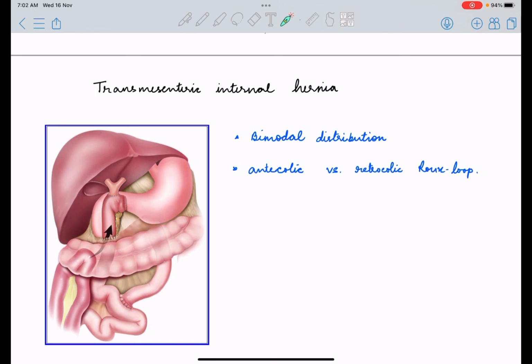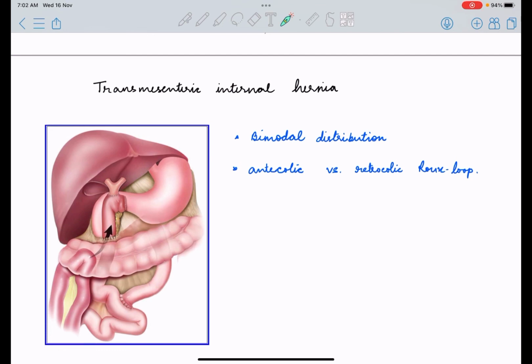During bariatric surgery, a roux loop has to be taken and anastomosed to the duodenum or the proximal stomach. This roux loop can be taken via an antecolic manner or a retrocolic manner. In antecolic roux construction, the advantage is that the rate of internal herniation is less.